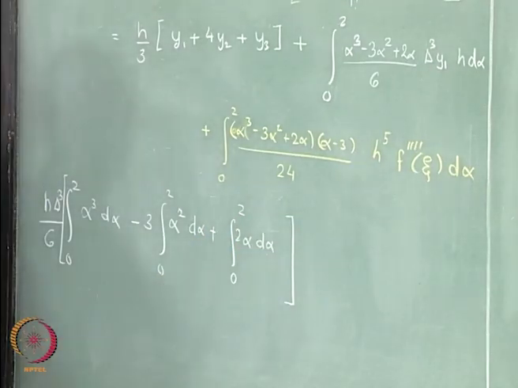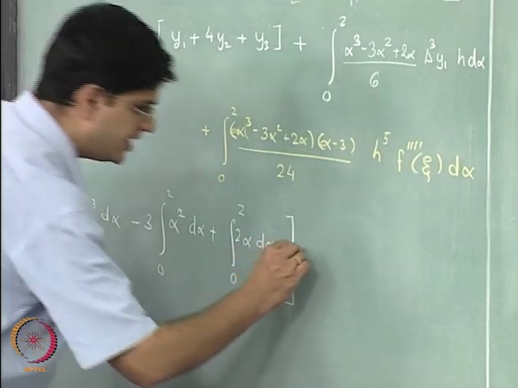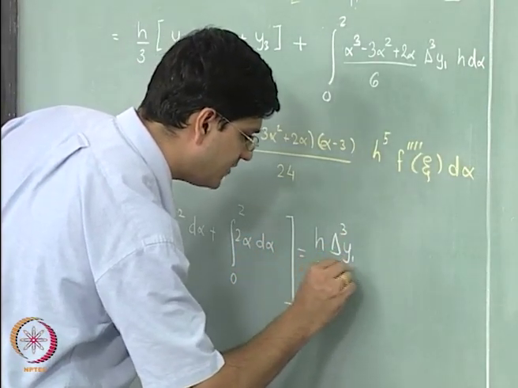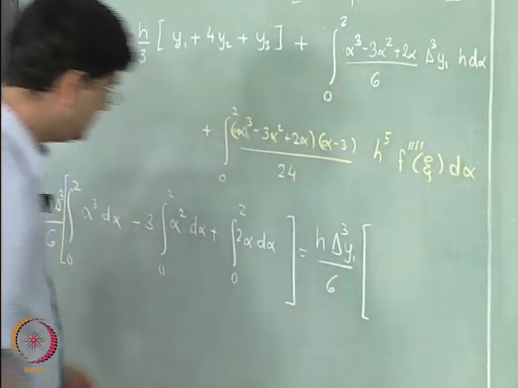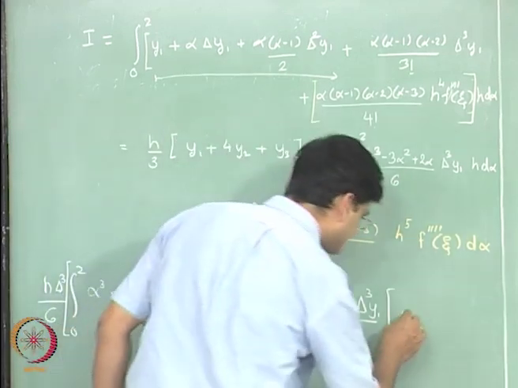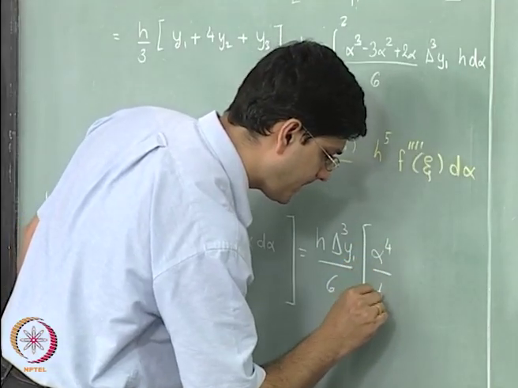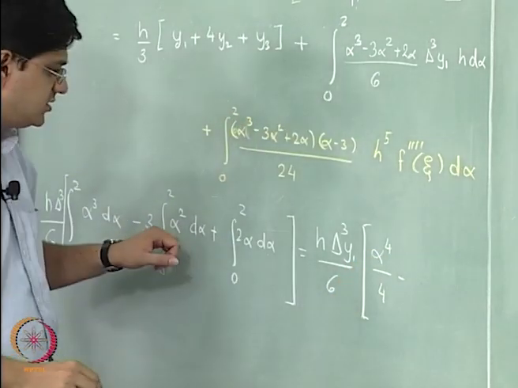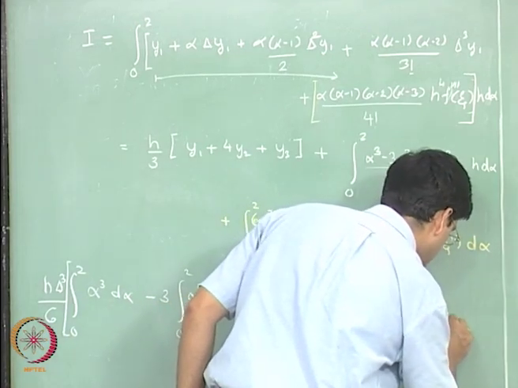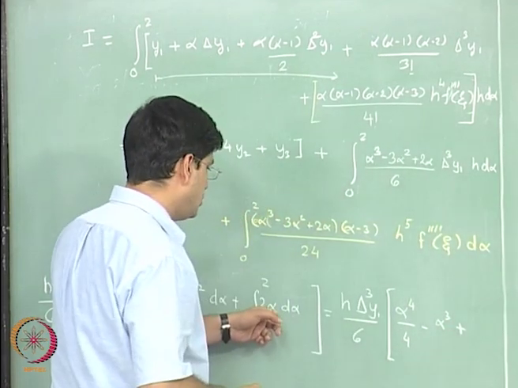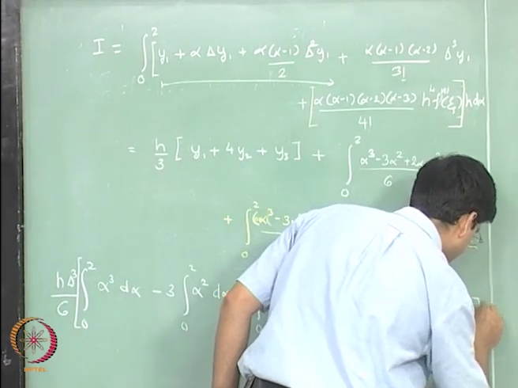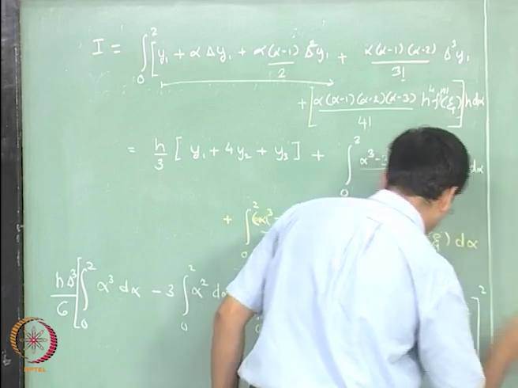Okay. This is what we will get, that we will be able to write as h delta cubed y1 by 6, times alpha to the power 4 divided by 4 minus 3 alpha cubed divided by 3, which is just alpha cubed, plus 2 alpha squared divided by 2, which is just alpha squared, going from 0 to 2.